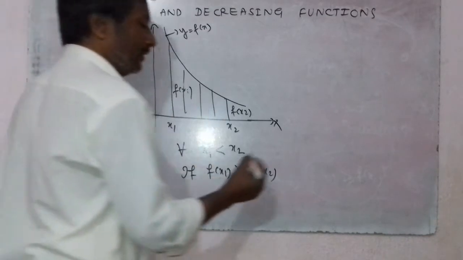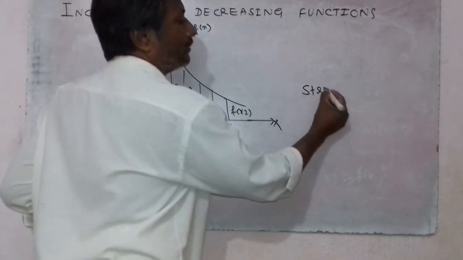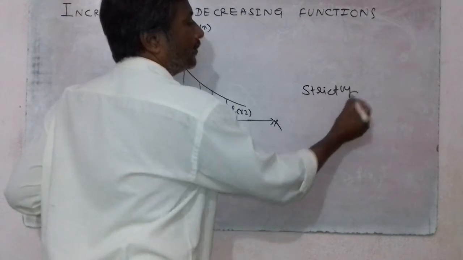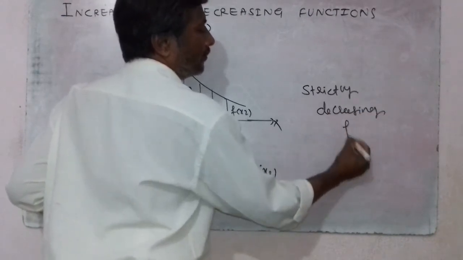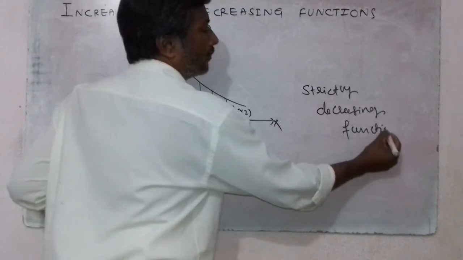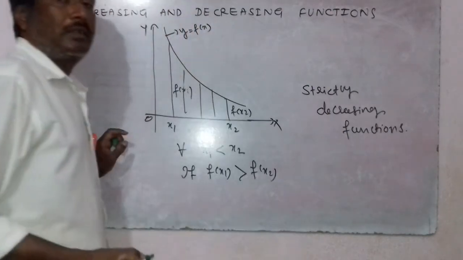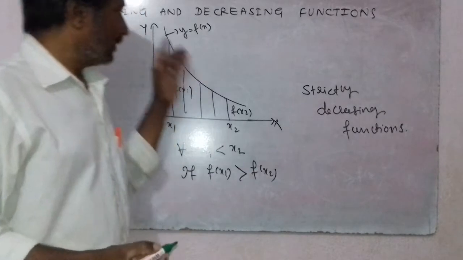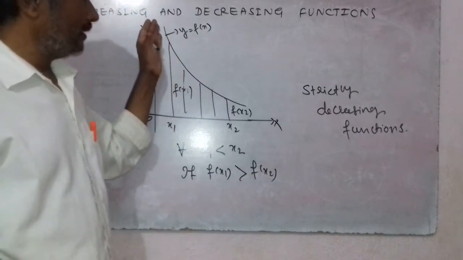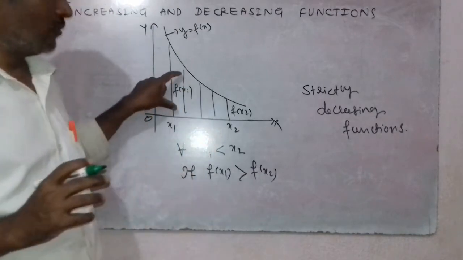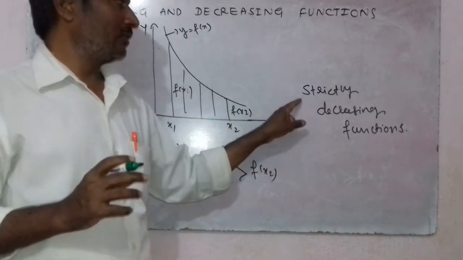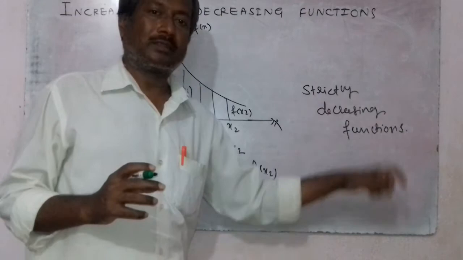So therefore strictly decreasing function. Here the function is at every point decreasing. No two heights are equal here. So therefore strictly decreasing functions.